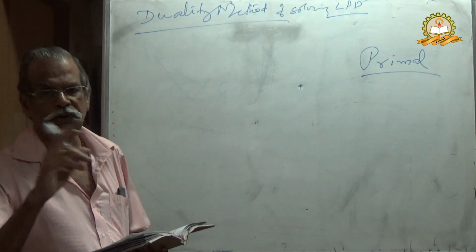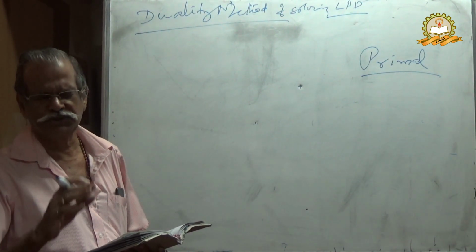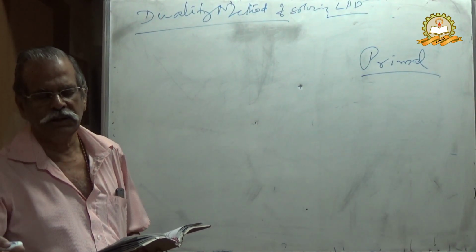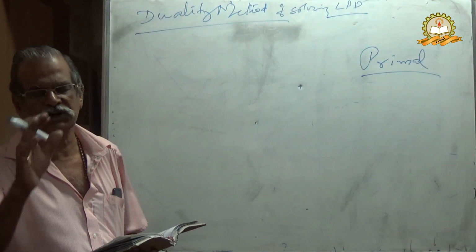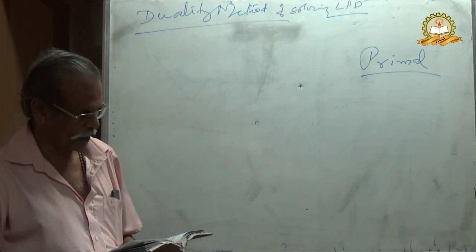Therefore, duality means you will have a primal question given, then you take the mirror image of that, you will get some values, and that is called the dual LPP problem.